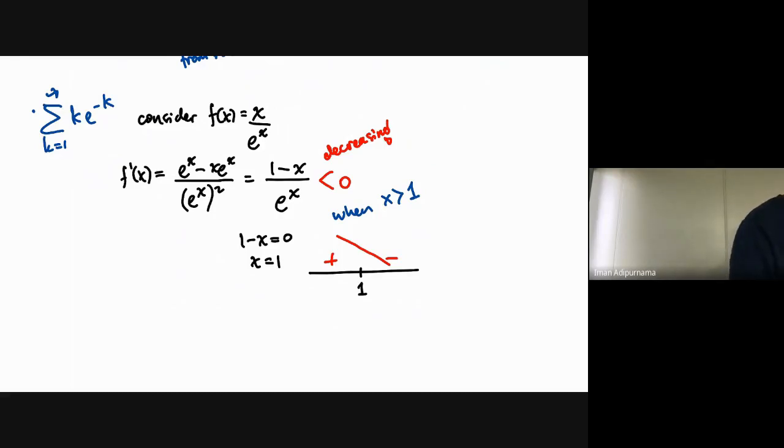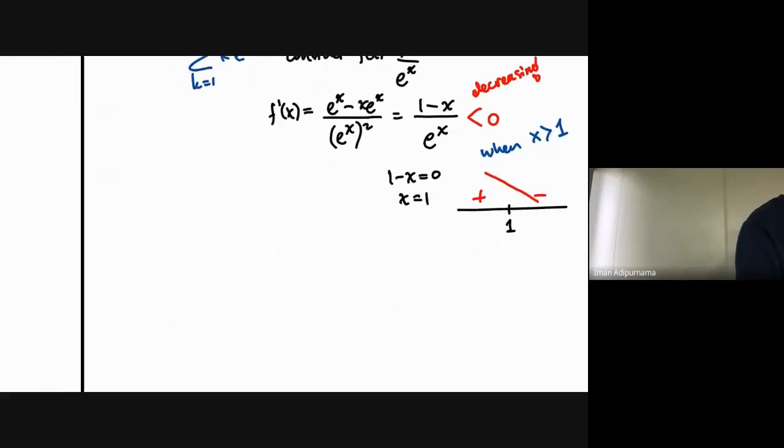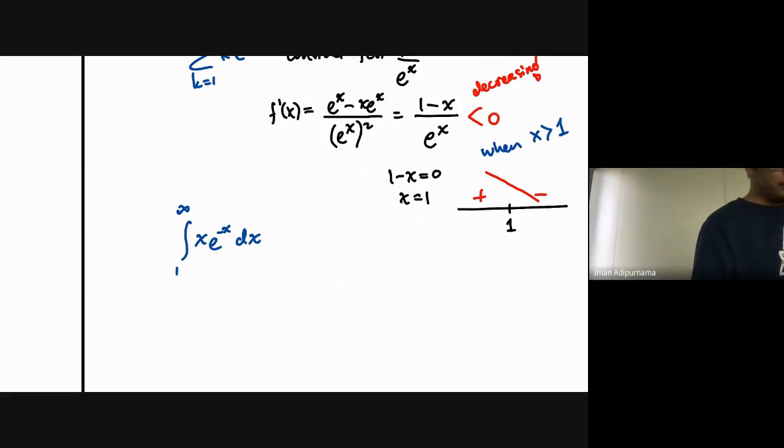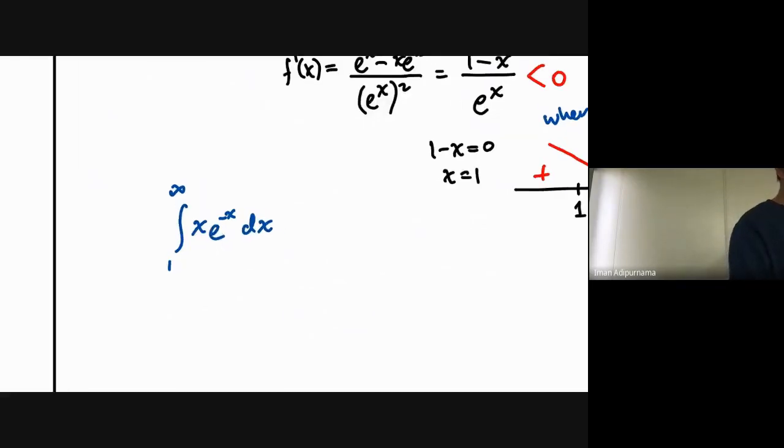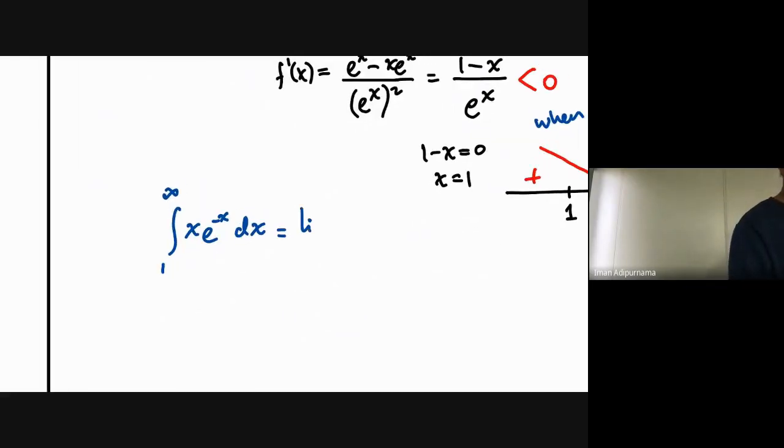And then after we prove this, we can use the integral from 1 to infinity. Let's just use x, or we can use t for the solution.